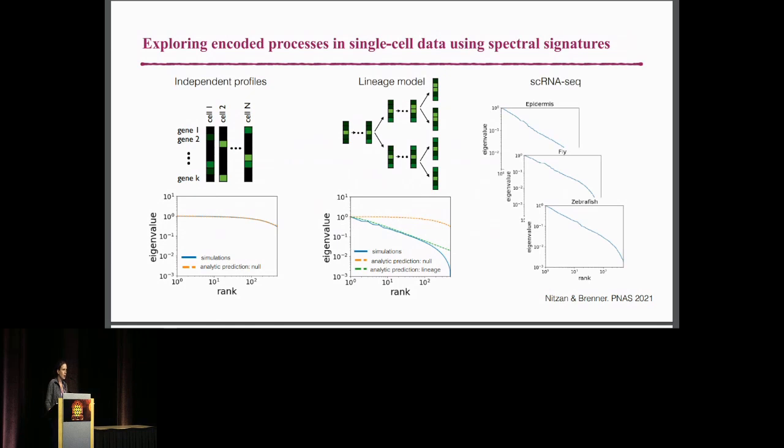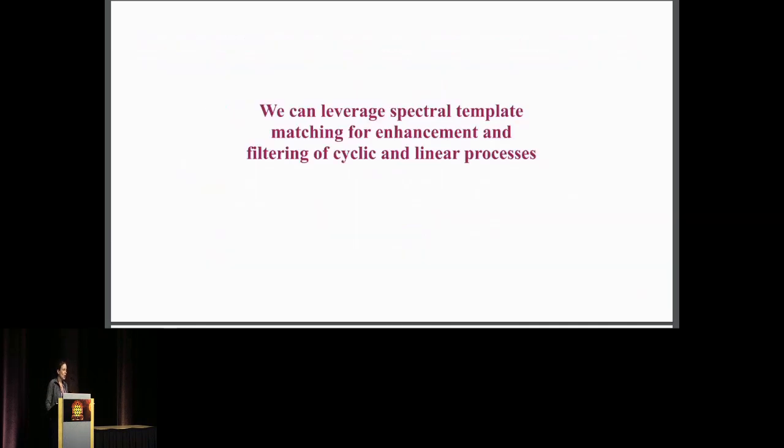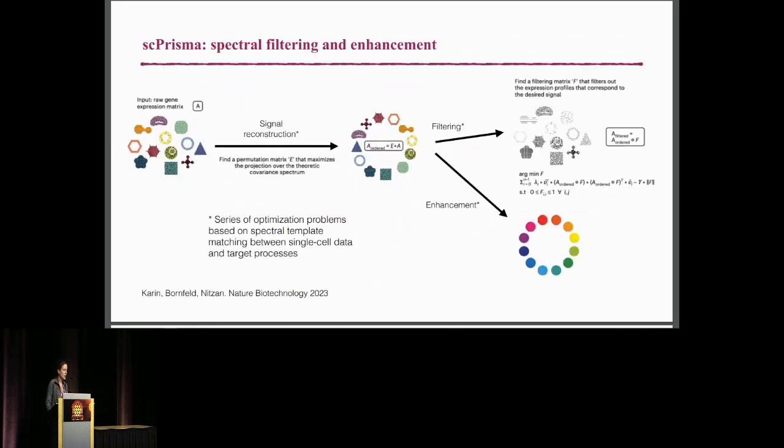And this is actually something that we find in single-cell RNA sequencing data corresponding to hierarchical processes such as differentiation and development. And we can do more than just identify this in the data and say, okay, these groups of cells encode this type of topology, which therefore corresponds to this group of biological processes. We can leverage this to also manipulate the data itself, to filter or enhance different biological processes within our data that correspond to different topological structures.